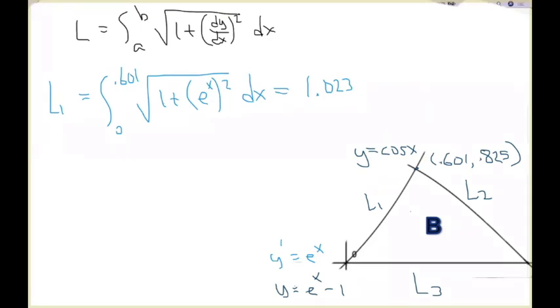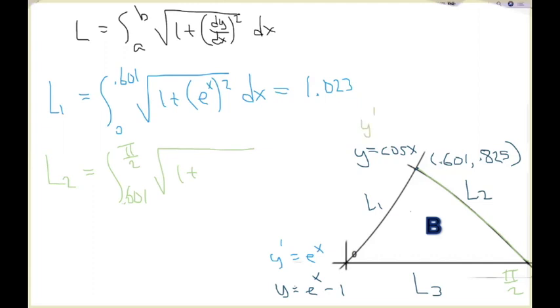Okay, let's stick with the pastel colors. And let's get length 2. Is that too light? Integral, this time we're going length 2. We're going from 0.601. I believe that's pi over 2, isn't it? Yeah, this is pi over 2 way down there. So we're going from, no, not 0, 0.601. 0.601 is our lower bound, and pi over 2 is our upper bound, and it's the square root of 1 plus, okay, I need the derivative of cosine of x.